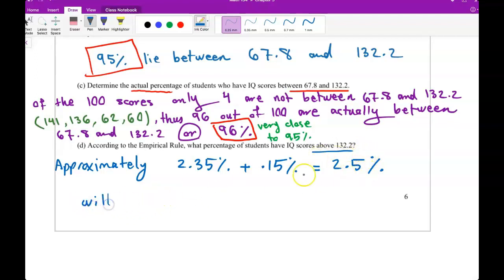So 2.5% will have IQ scores above 132.2.